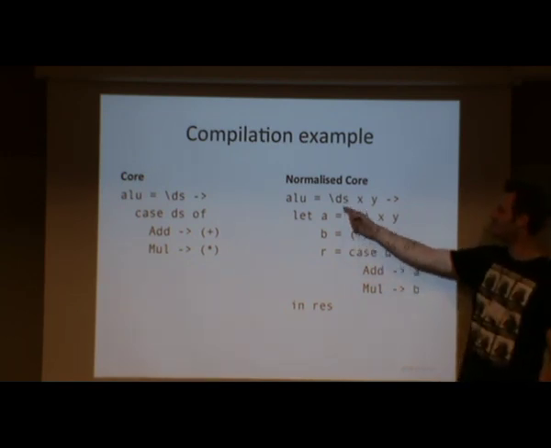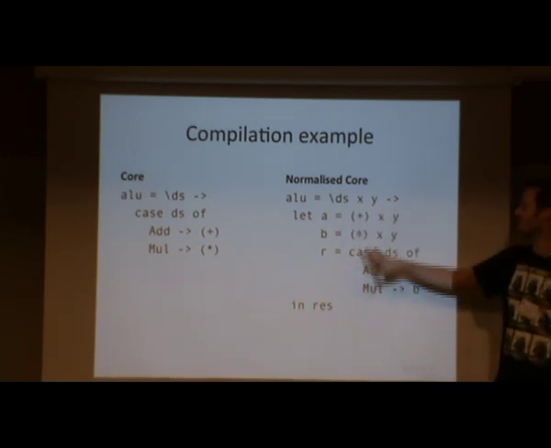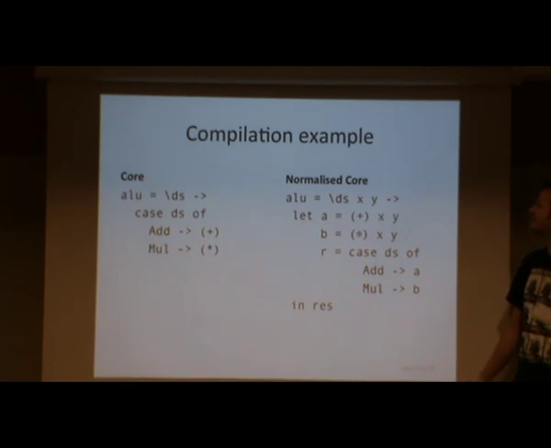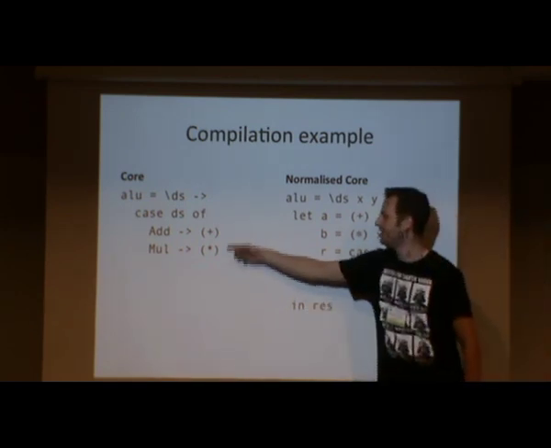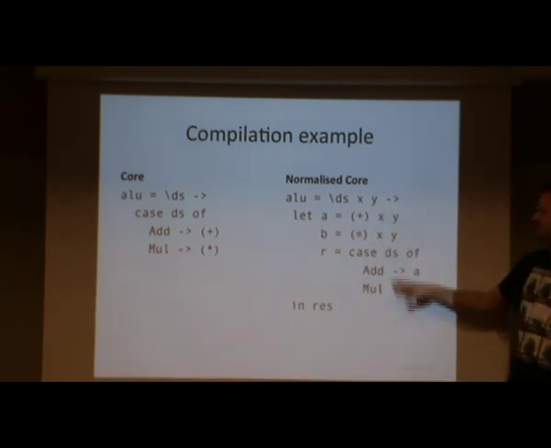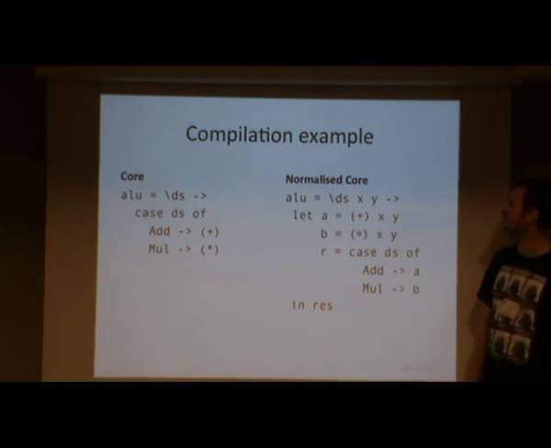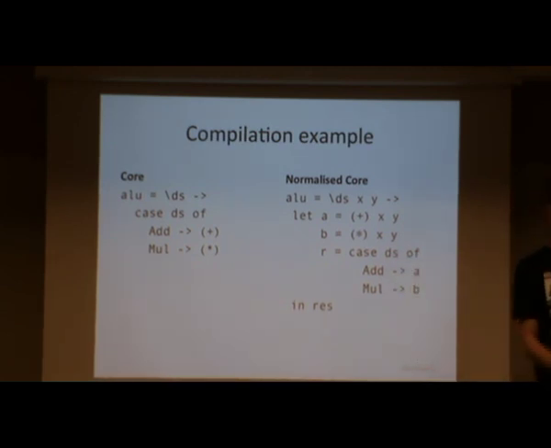And here you can see the normal form. We have all lambdas at the top, then one big recursive let binding, again in administrative normal form. So I pulled out these operations and put them in there, and that's what it looks like. So yeah, it's very, very straightforward.